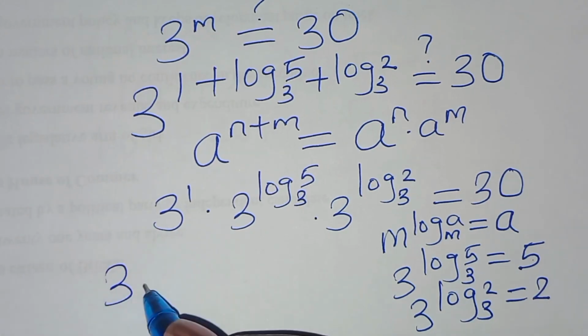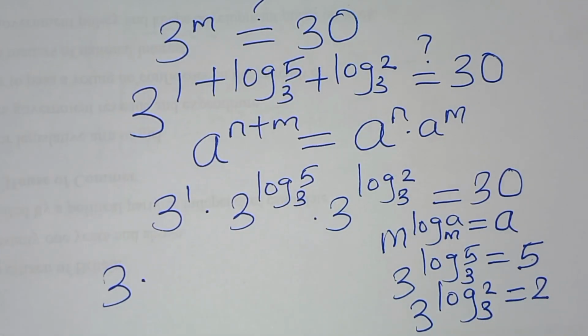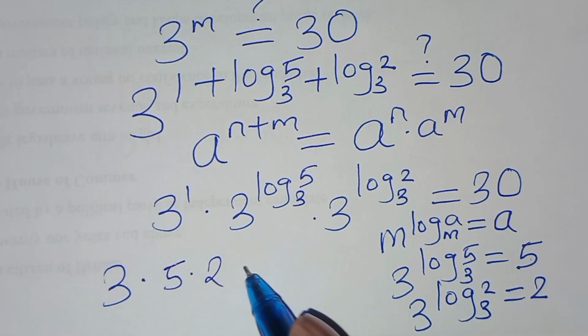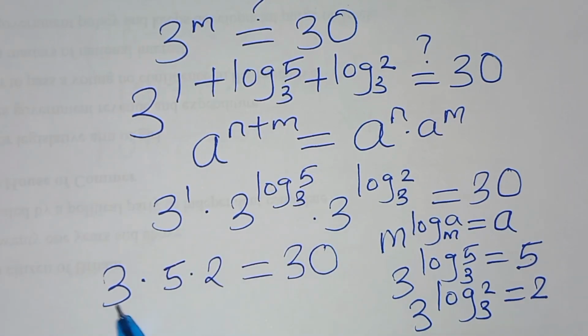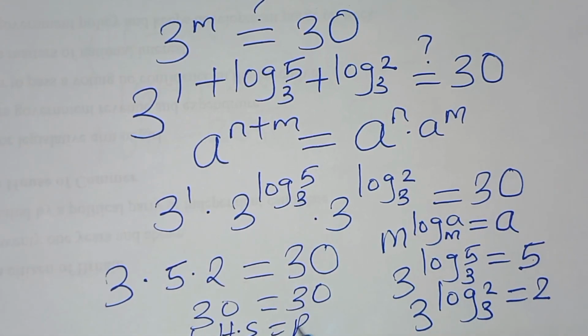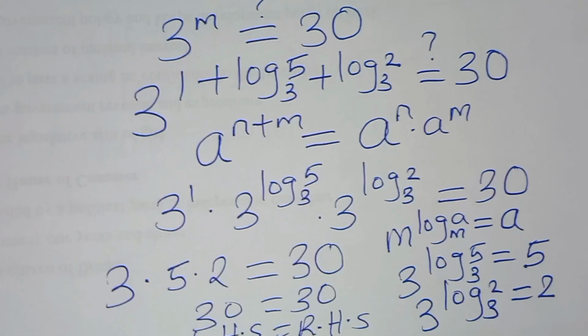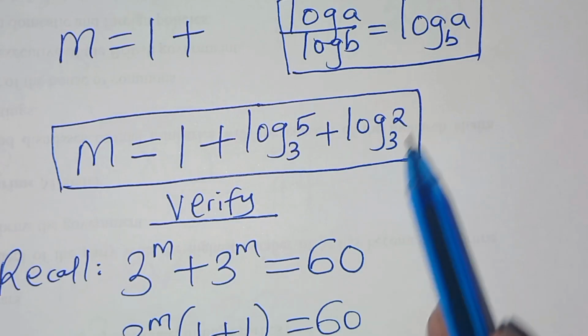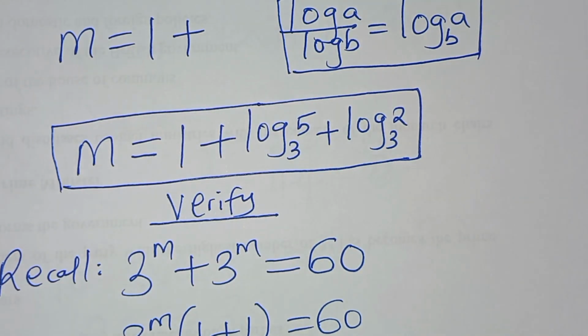So here we have 3 times 5 times 2. This should give us a value of 30. So 3 times 5, this is 15, times 2, this is 30, which is equal to 30. So that implies that the left-hand side is equal to the right-hand side. And that implies that the value of m, which is 1 plus log 5 to base 3 plus log 2 to base 3, actually satisfies the equation.